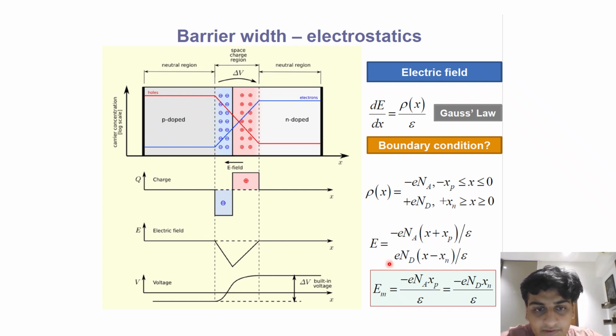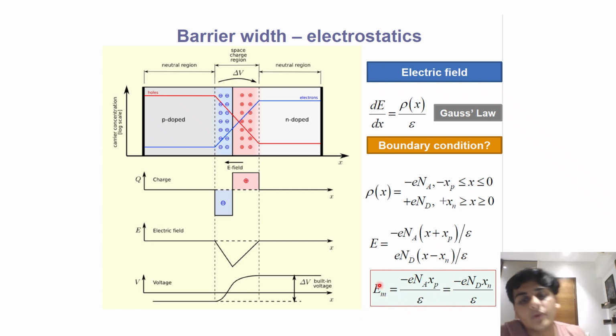on the left side where x is less than 0, you have this expression. On the right side, you have this expression. And they have also calculated this max value, which is when you put x equal to 0, you get the maximum magnitude of the electric field, which is essentially this expression.